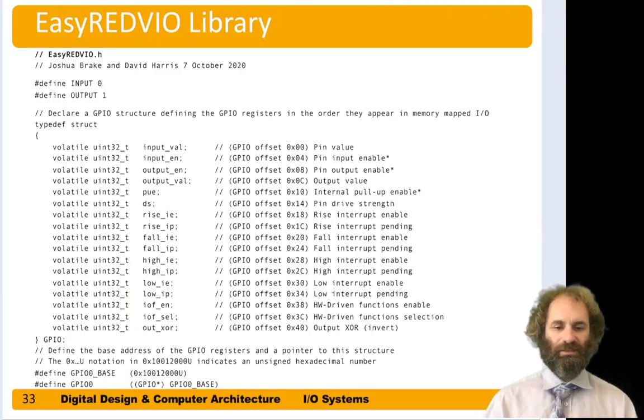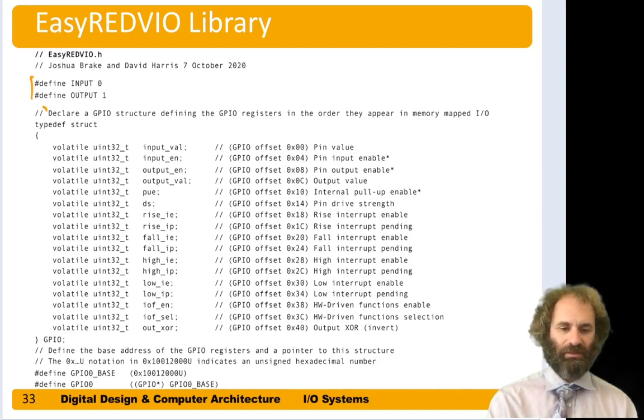So here is the definition of the GPIO in our easy RISC-V library. Let's define input to be mode 0 and output to be mode 1 for when we get to pin modes. And now let's declare a structure for the GPIO registers.